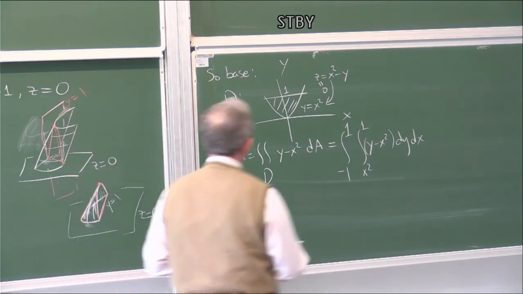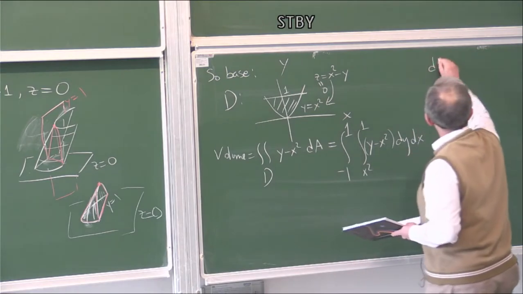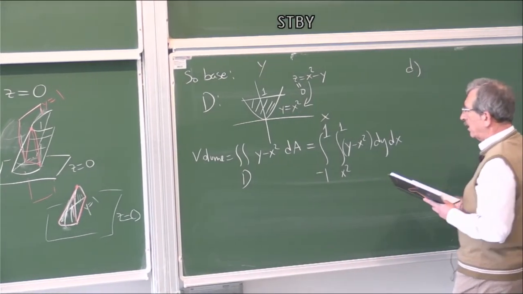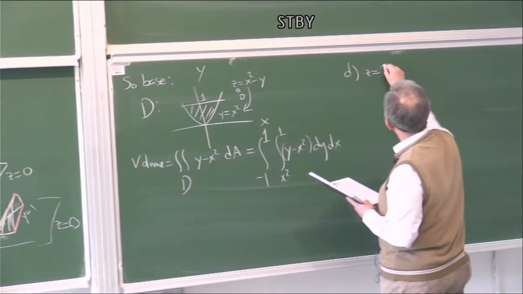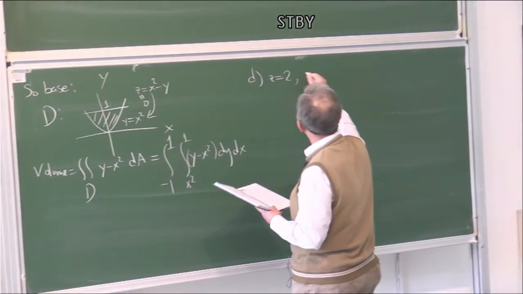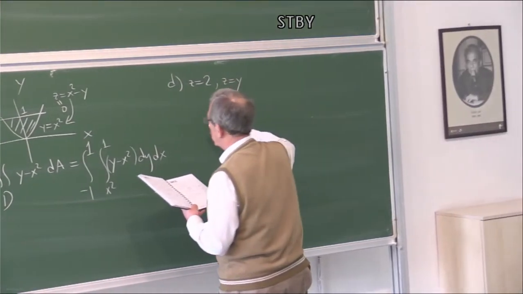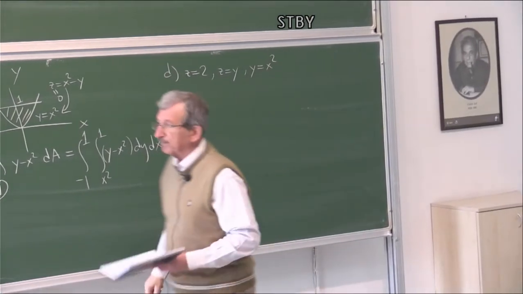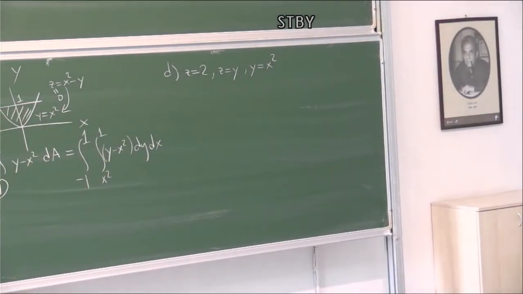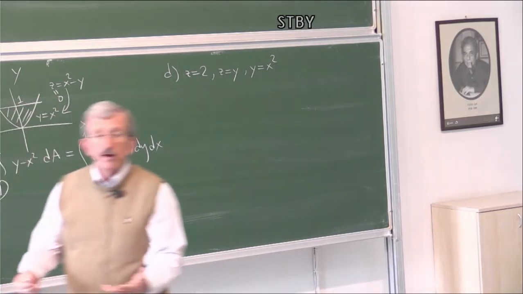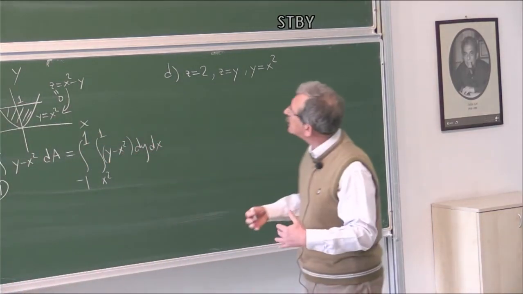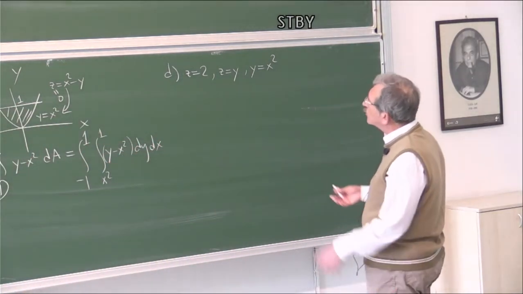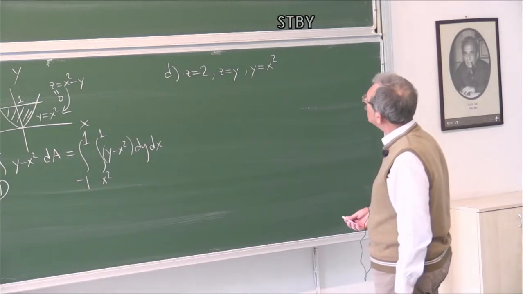Right, my next example is bounded by z is 2, z is y, and y is x squared. Noting that these are actually surfaces in space, we observe what's happening here.